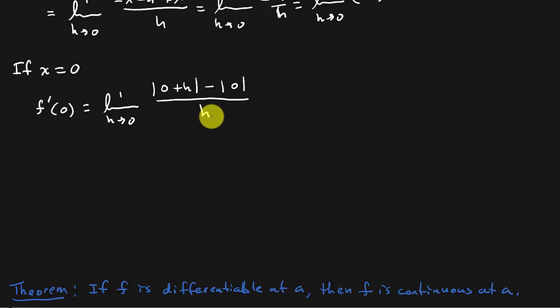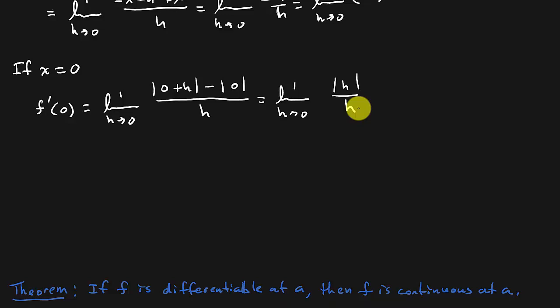All right. And so this is going to be the limit as h goes to 0, and that's just absolute value of h over h. Now, we're going to show this limit exists, right? Let's see. Well, how do we do that? Okay. Remember back when you were taking limits, we've got to show that the limit from the left and the limit from the right are equal. All right.